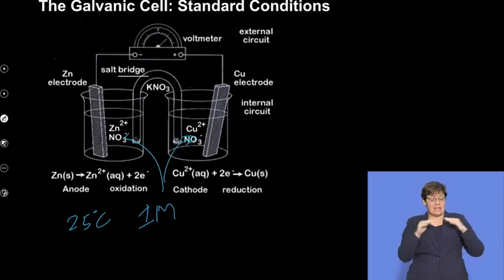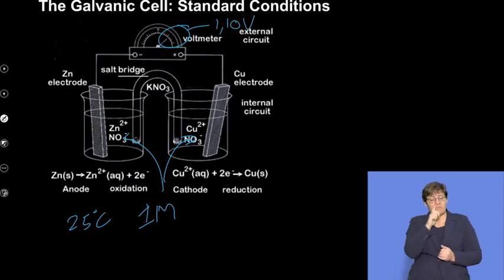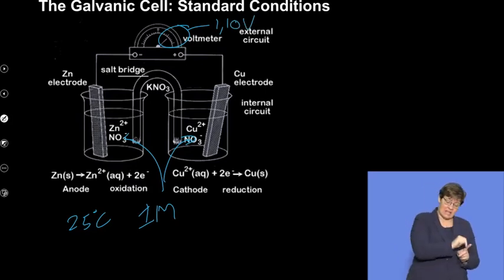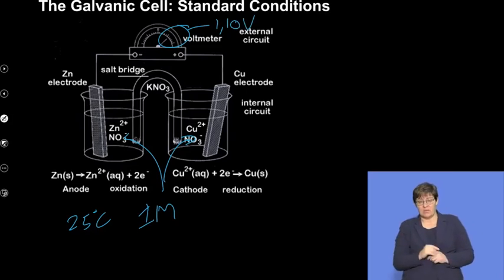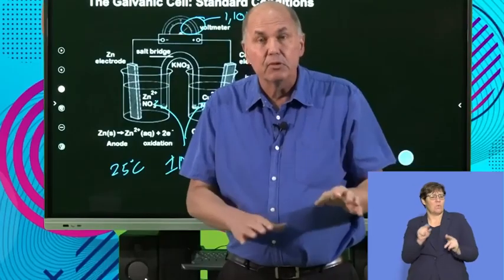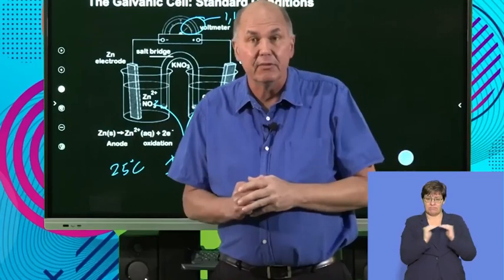And if that standard condition were met, then we know that that voltmeter will always read the same. And in this case, it happens to be 1,10 volts. And that's always going to be the same if you've got copper and zinc. So we must be very clear about why it's important so that we can compare things equally.